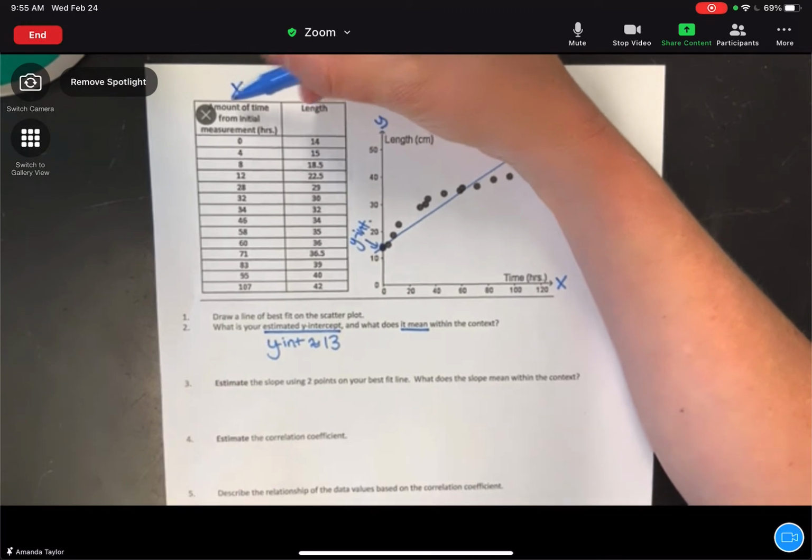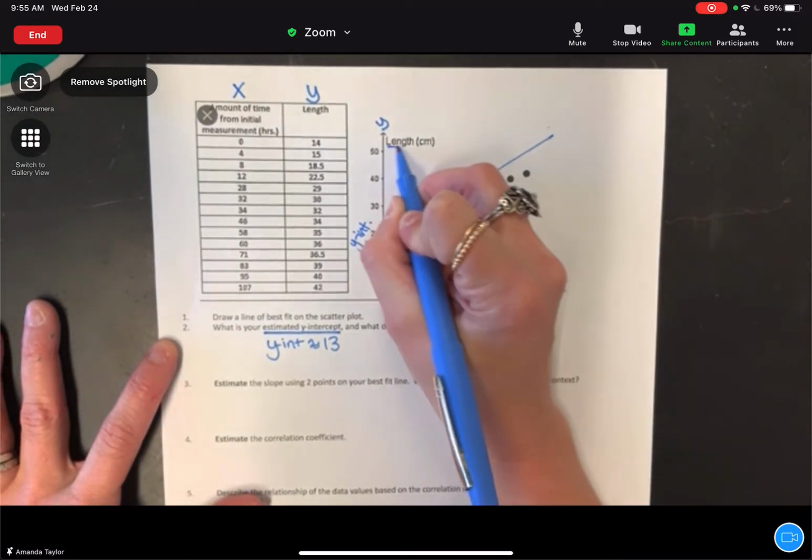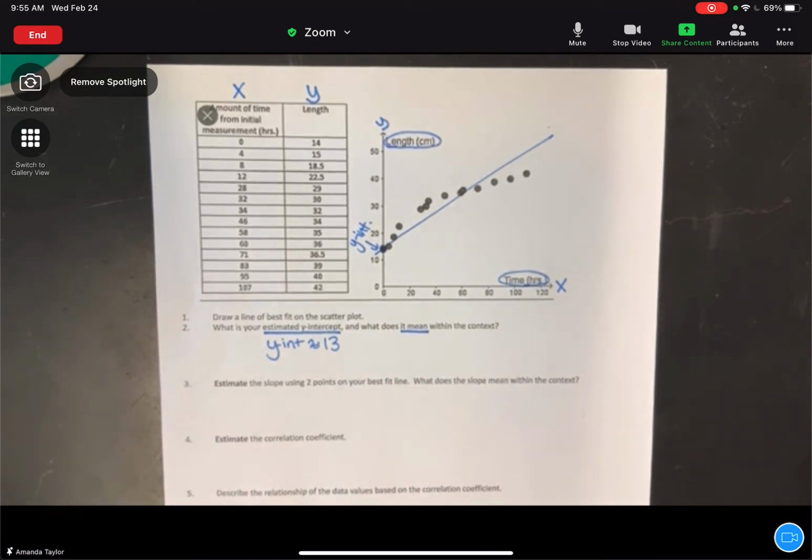So the amount of time from the initial measurement, so time is in hours, and then the length. So what does 13 mean if we're talking about as time goes on, the length of something is obviously increasing, right?